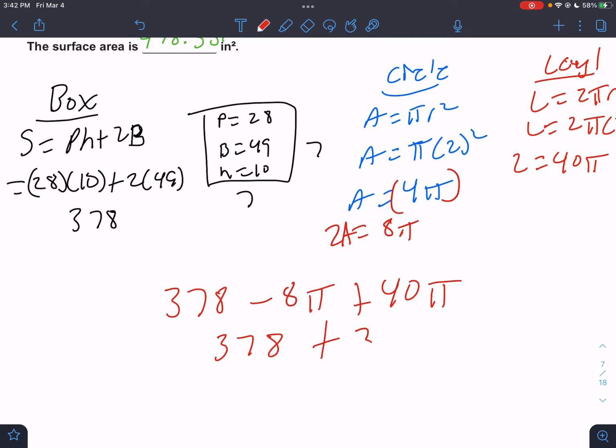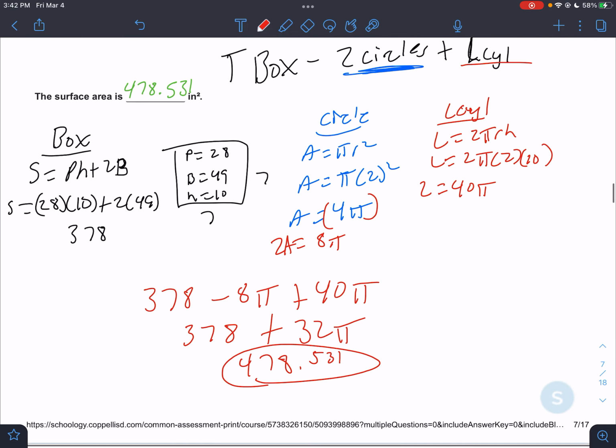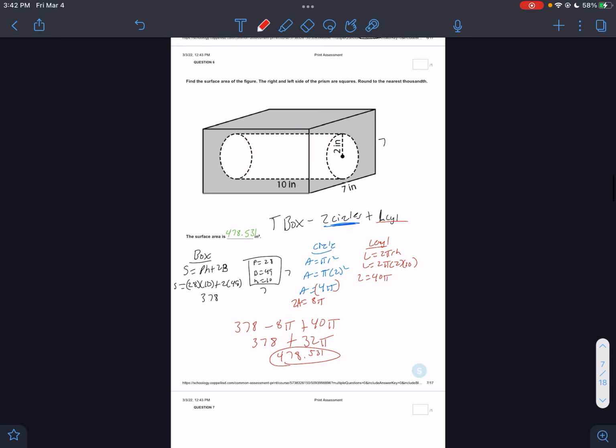So that would be 32 pi. Let's try that one, please. 378 plus 32 pi. Now I'm liking it. 478.531. Okay. Yep, 2 circles. I subtracted 1 circle. Oh, man. I'm a silly Billy.